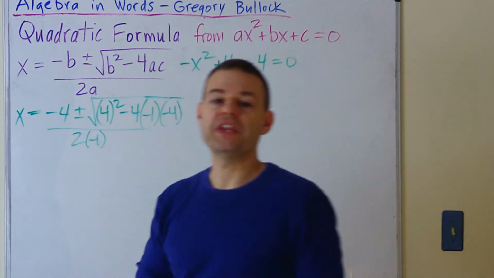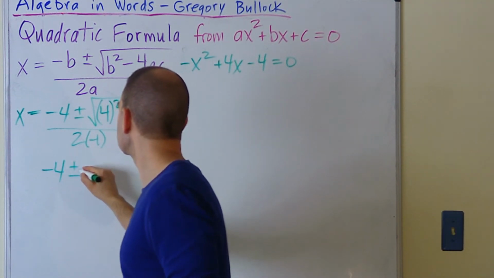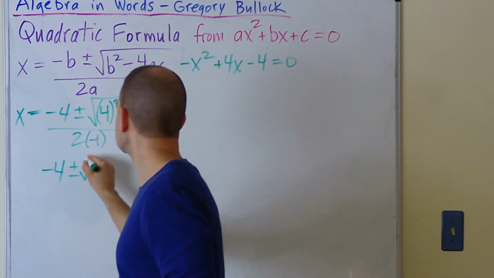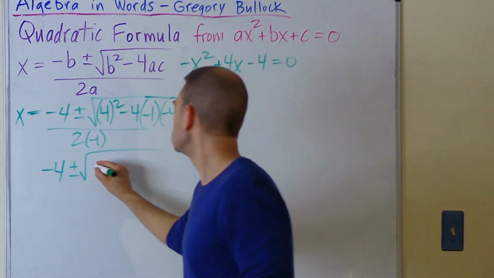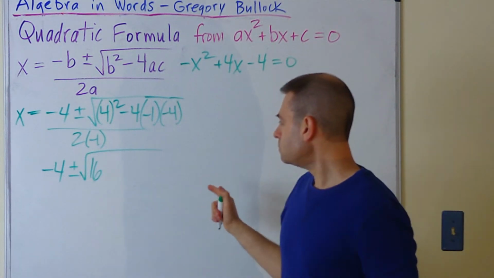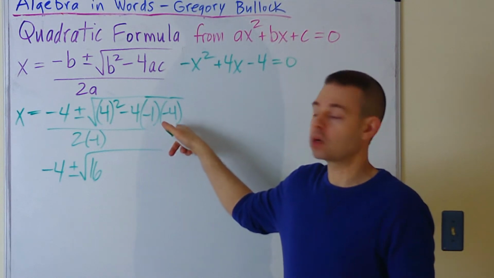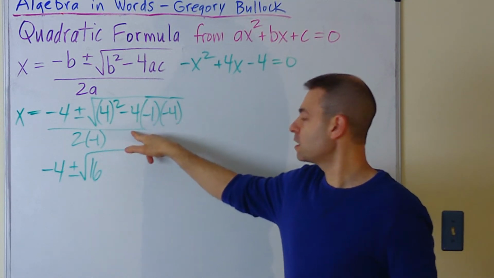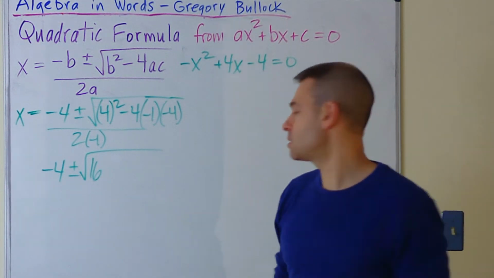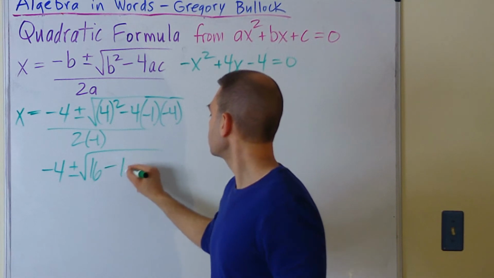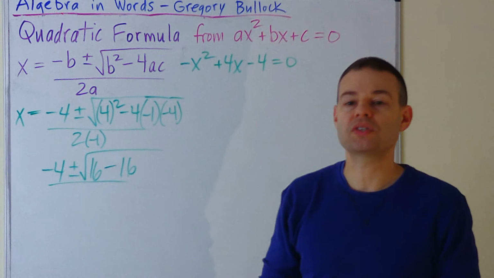So we bring down the negative 4. Okay, and now 4 squared is 16. Then we have negative 1 times negative 4, which is positive 4. Positive 4 times negative 4 becomes negative 16. And that's all over 2 times negative 1, which is negative 2.